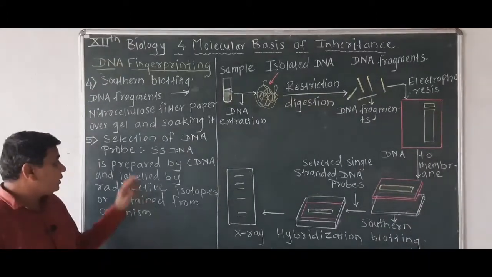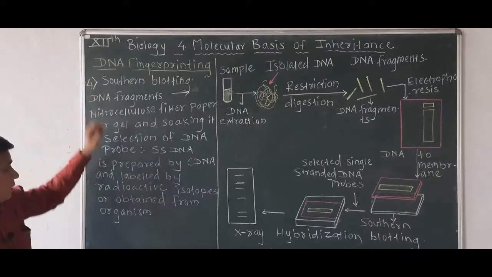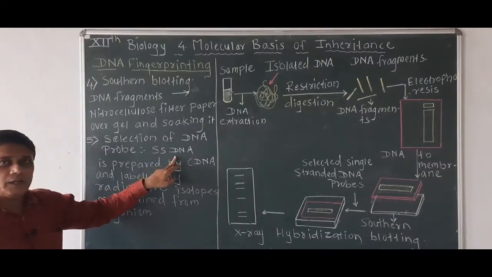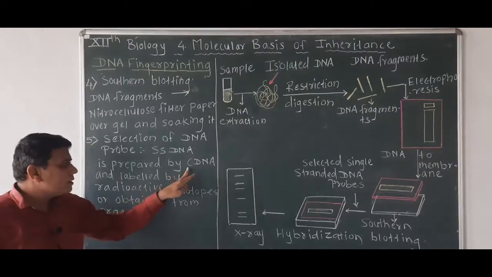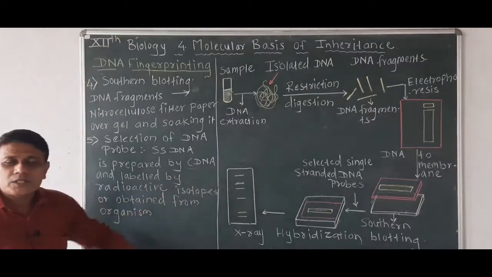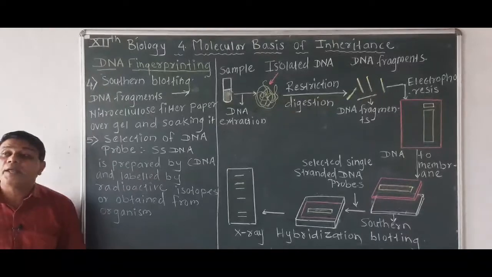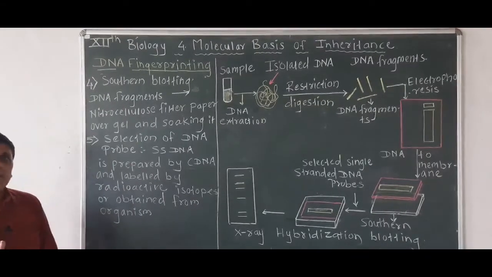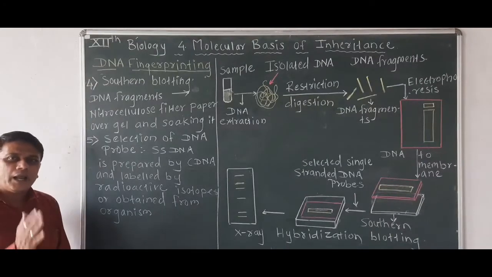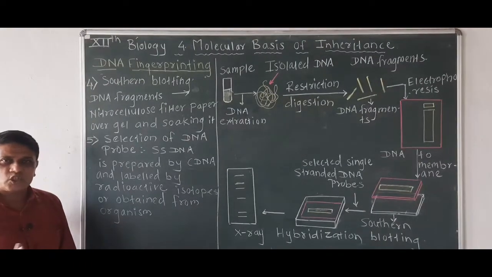Now in this step, the single stranded DNA is either prepared by the cDNA method. cDNA means complementary DNA method. Complementary DNA means the DNA can be prepared from the RNA by the process of reverse transcriptase.